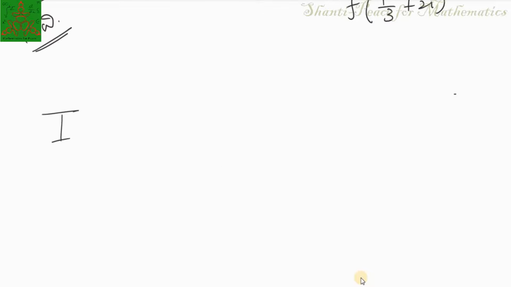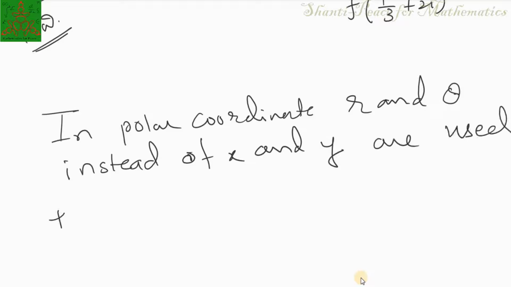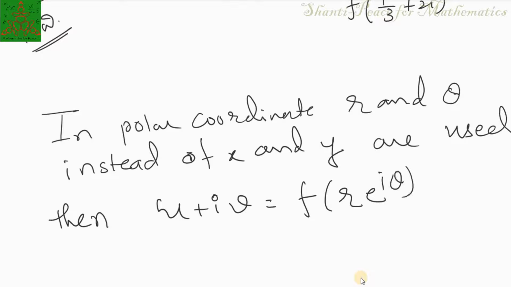Now in polar coordinates, r and theta, instead of x and y, are used in the function f of z. Then what we'll have is u plus iv will be f of r e power i theta, because you know that if you have a number x plus iy, that can also be written as r e raised to i theta in the exponential form.